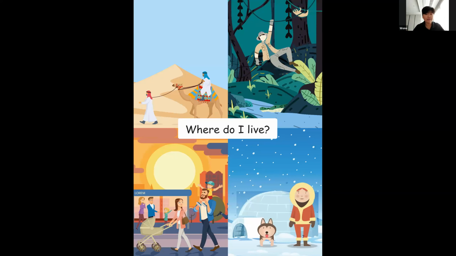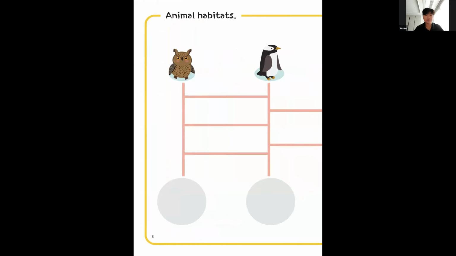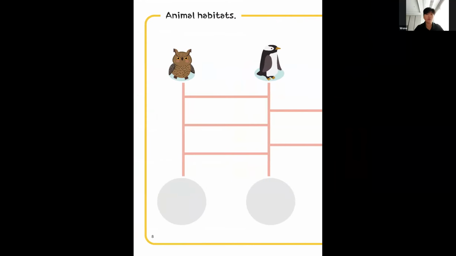Where do I live? So there's a question. Where do I live? What is your habitat? So what you're going to do is play the ladder game with these animals. What animal is this?